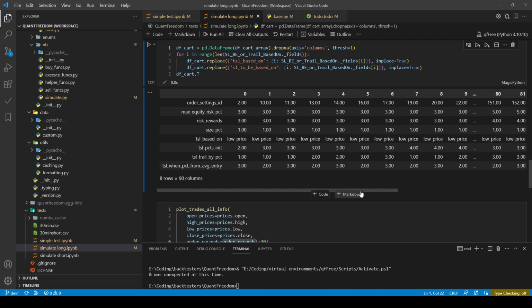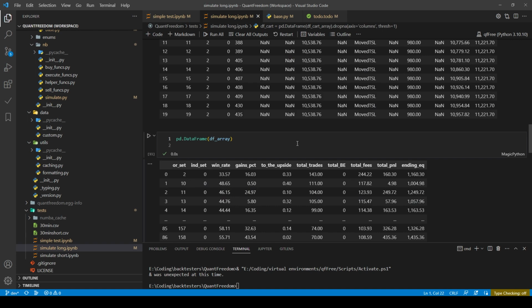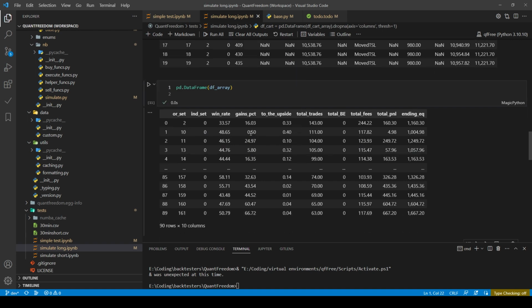Oh, Jesus. This was even cutting off some. Okay, wow. I made 50 cents. I took 117 trades.